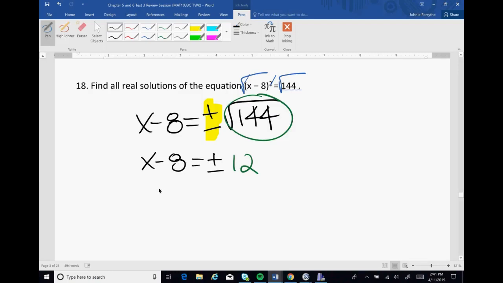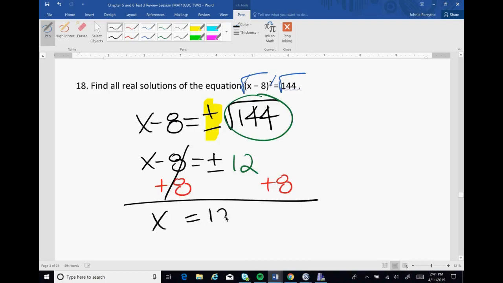And so now to solve for x, I'm going to add 8 to both sides. And what I have is x equals positive 12 plus 8 and negative 12 plus 8. So I'm going to have two different solutions. 12 plus 8 is 20, and then negative 12 plus 8 is negative 2.